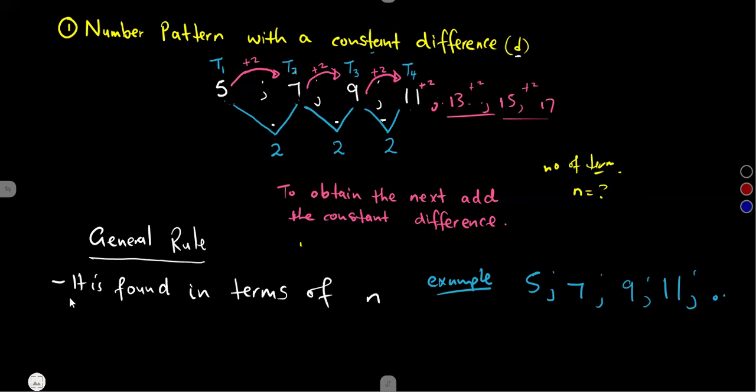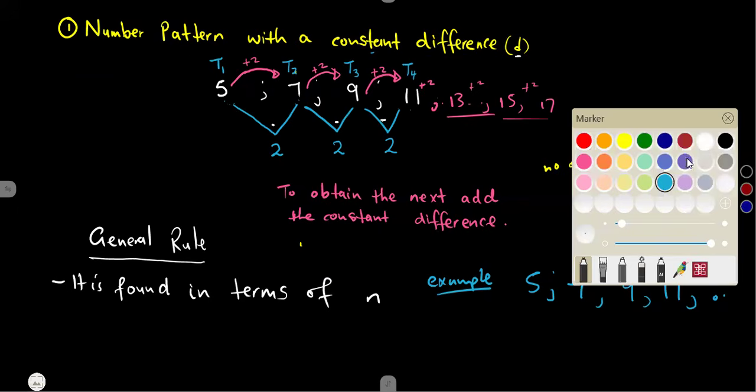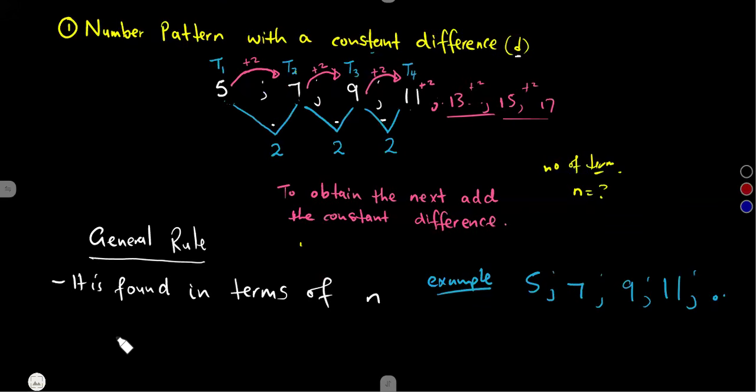Under a number pattern with a constant difference, as long as there's a constant difference, your general rule is supposed to be in this form: Tn is equal to a number which multiplies n, plus a certain number. Remember, I talked about this in grade 8.